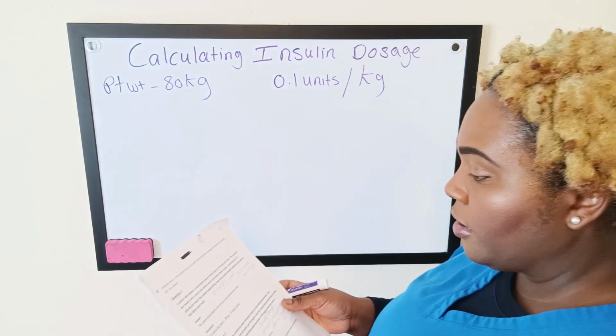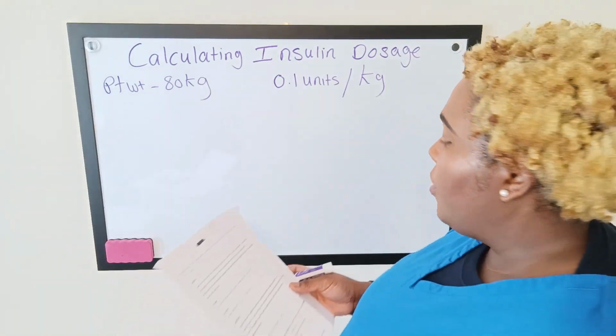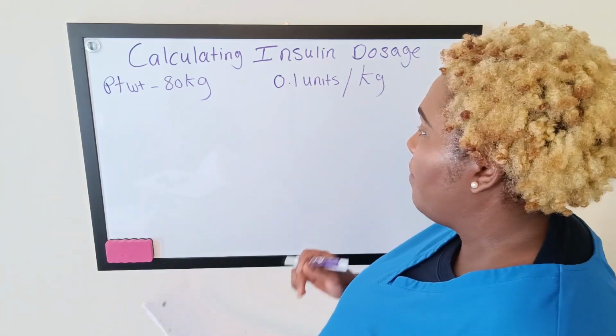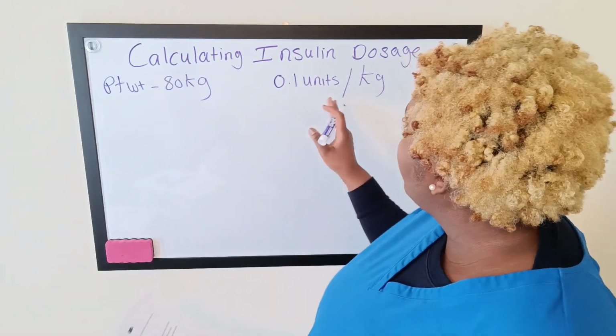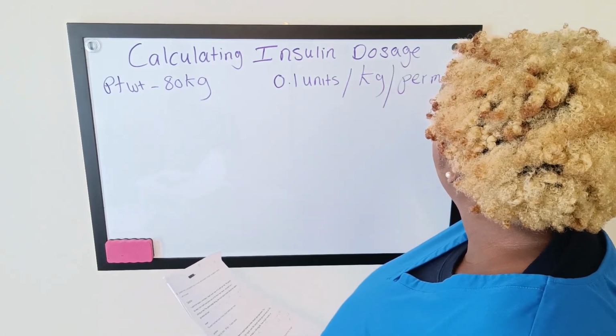All right. So from previous exercises, we know we have to multiply to find out how much our doses that we're going to be giving our patient. So from here, we know it's 0.1 units per kg per meal.